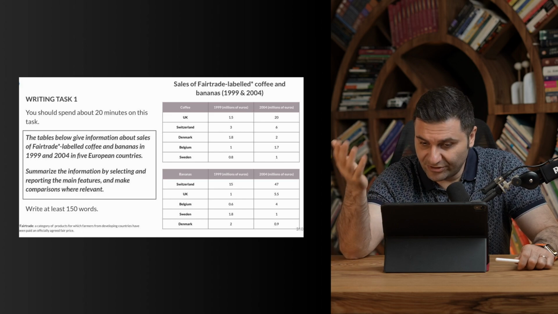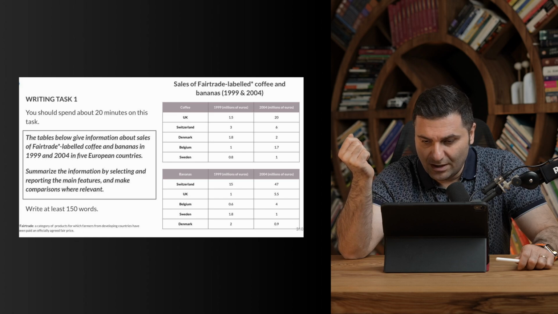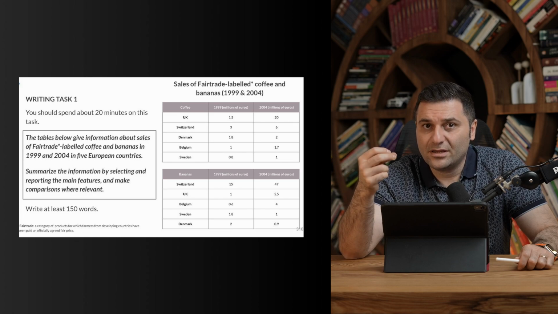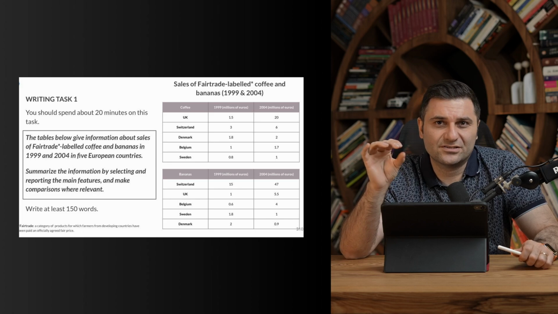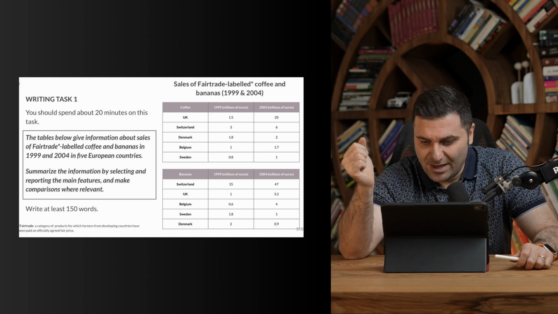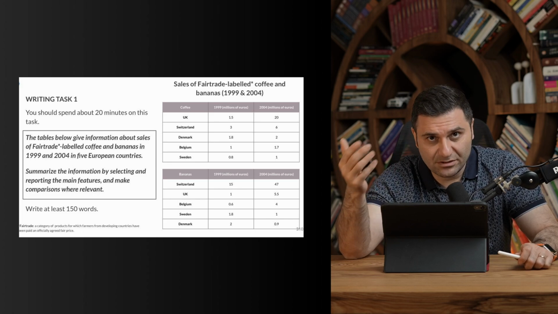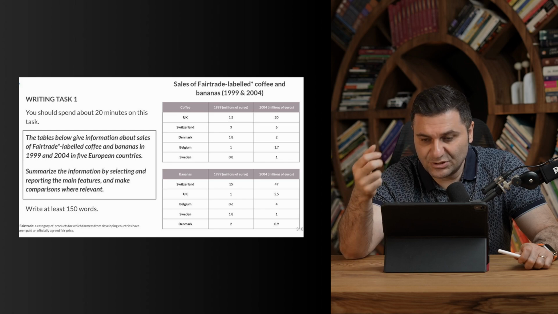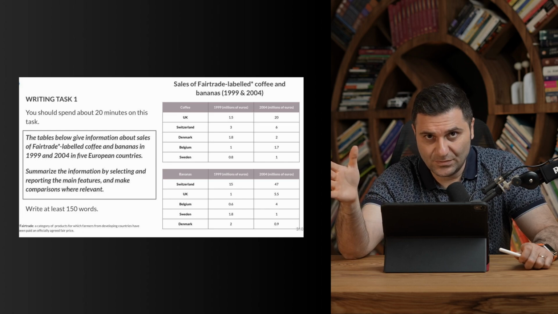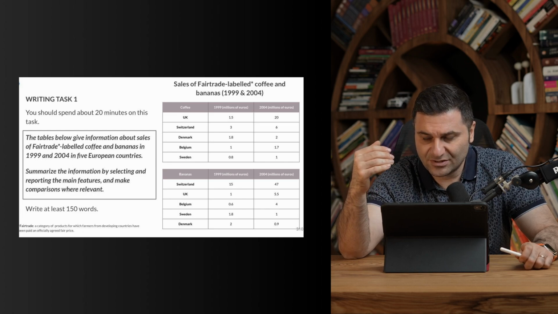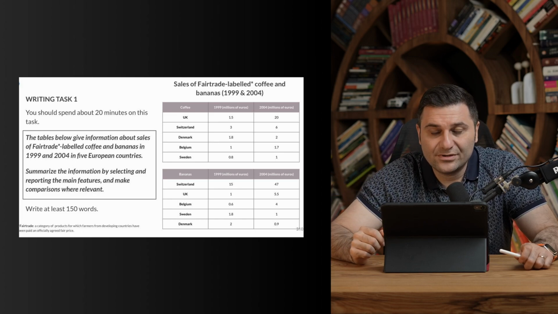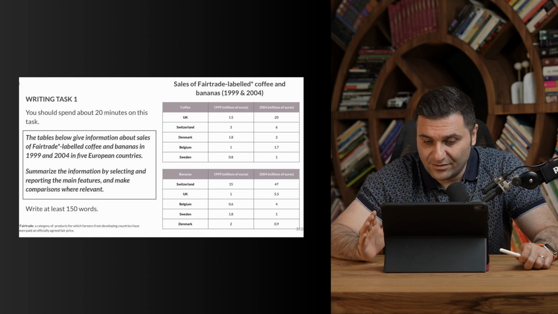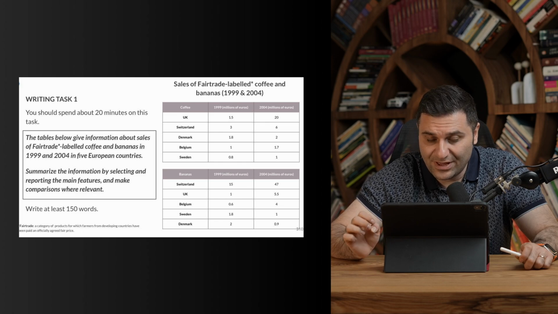Switzerland increased also. Denmark also increased, however, that was very minimal. And Belgium also increased, and Sweden increased too. So all these 5 countries increased in their sales from 1999 to 2004.